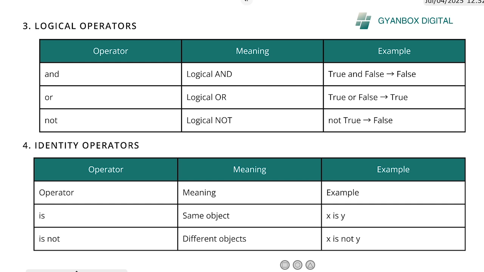Another type of operator is the logical operator. There are three logical operators: AND, OR and NOT. These operators are used to combine multiple conditions and generate a common result. The AND operator will return true if both the conditions are true. The OR operator will return true if any one of the conditions is true.